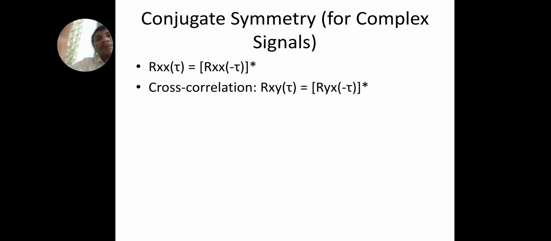Conjugate means it is a kind of symmetrical. Here we can flip the signal, then take the conjugate, and it will be equal to the minus tau signal. It is one of the properties of the conjugate signal.